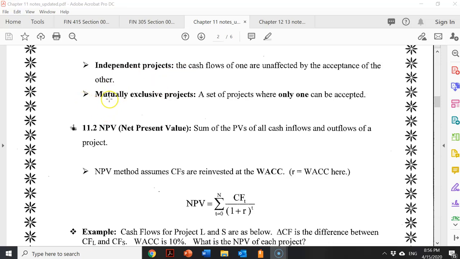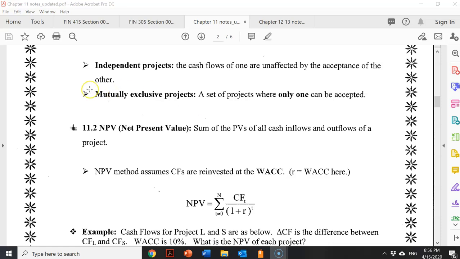In the other case, if the projects are mutually exclusive, which means a set of projects where only one can be accepted, then we cannot make independent decisions anymore. We will have to choose the project with the highest NPV or the highest IRR.